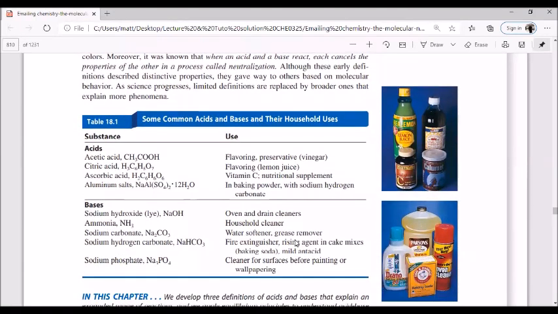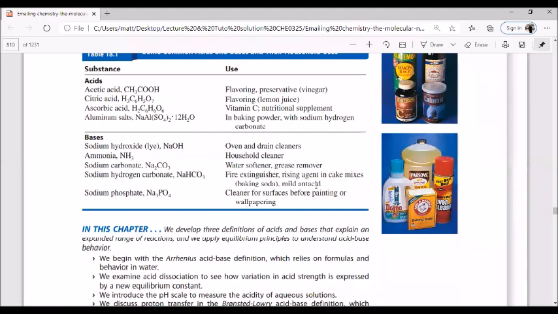See Table 18.1, some common acids and bases and their household use: acetic acid for flavoring, citric acid for flavoring. This is lemon juice. Ascorbic acid, vitamin C, nutritional supplement, aluminum salts in baking powder with sodium hydrogen carbonate. For bases, we use, for example, sodium hydroxide in oven and drain cleaner, right? Ammonia for household cleaner.